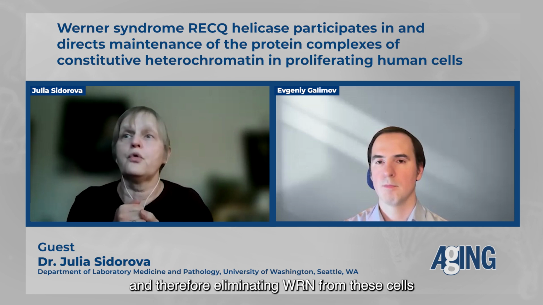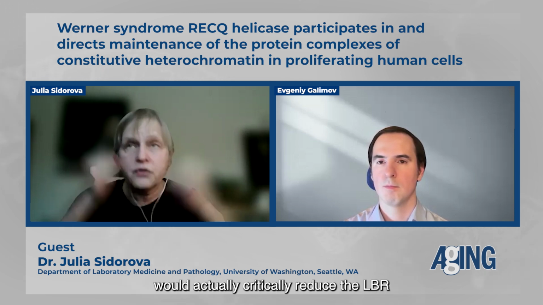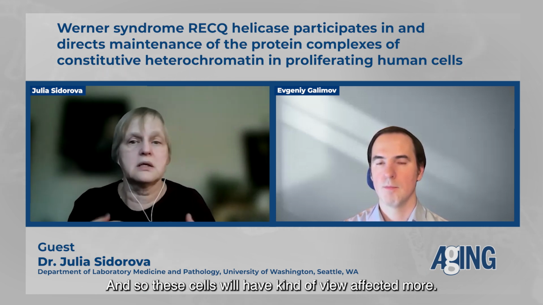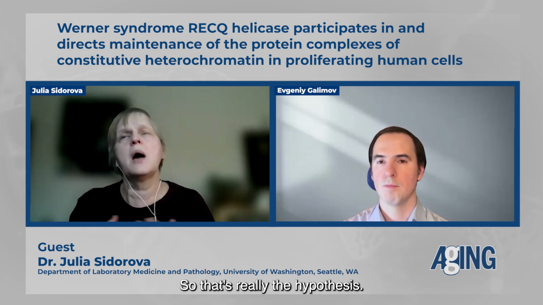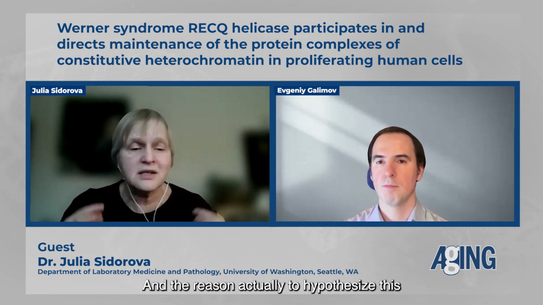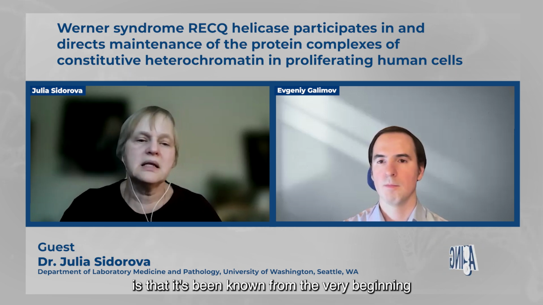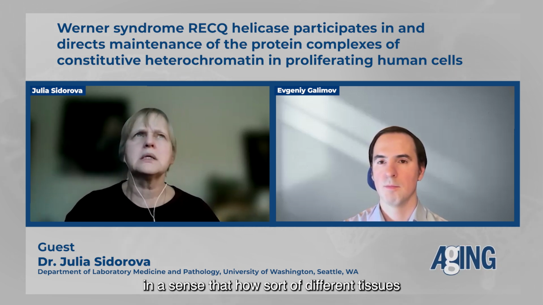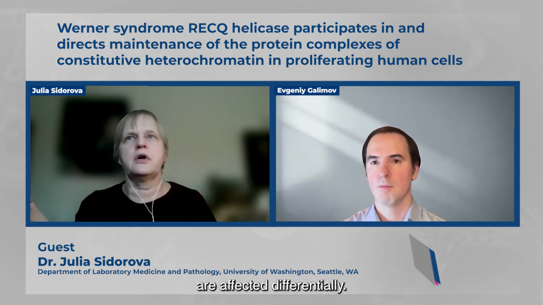Eliminating WRN from these cells would critically reduce the LBR and Lamin B1 levels, and so these cells would be affected more. That's really the hypothesis. The reason to think about it is that it's been known from the very beginning that Werner syndrome is remarkable in how different tissues are affected differentially.